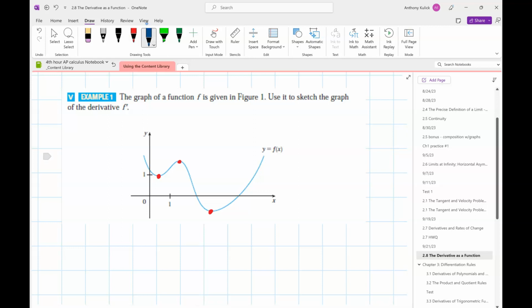Each of those extrema, the tangent line has slope 0, right? If I drew the tangent line, that's what it would look like. So in the function f prime, those are going to correspond to x-intercepts. Everywhere your function has an extreme point, a minimum or maximum, those same values of x are going to correspond to an x-intercept, a 0 in the derivative.